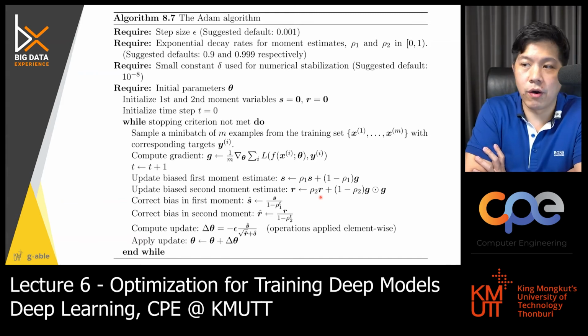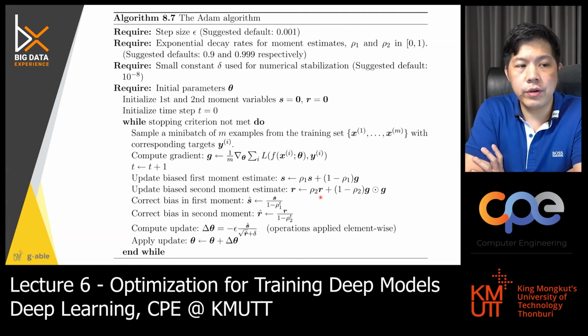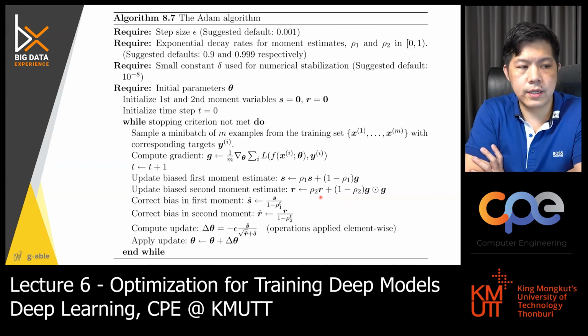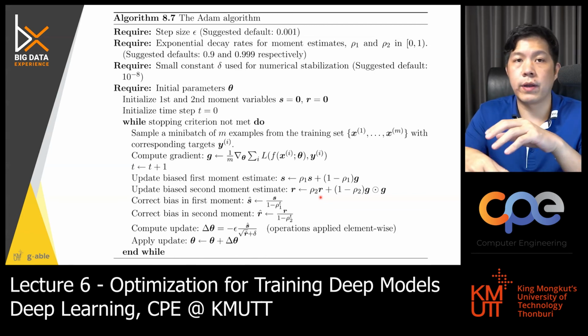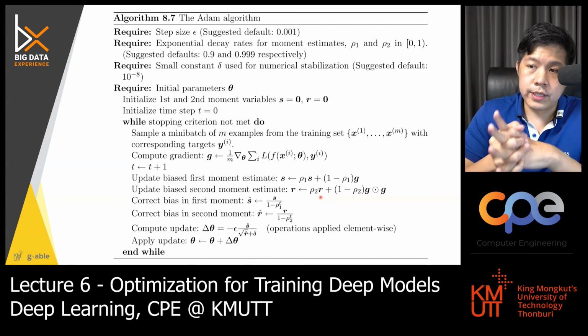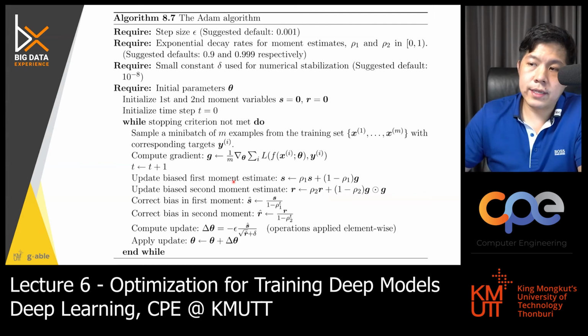Because you already know you need to make a correction. You already know the mean, and that means the value that you use in terms of the difference has one more order than it should have. That's why you divide by n minus 1 there. So in this case, we have the first moment estimate, which is just the normal momentum.